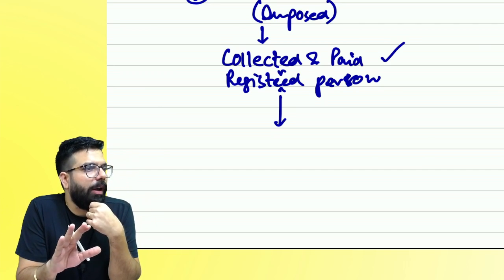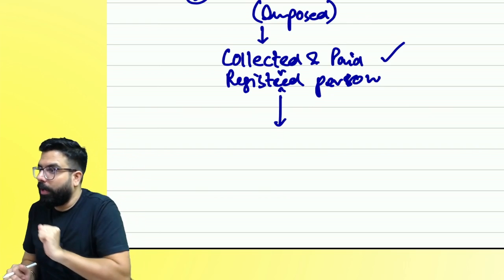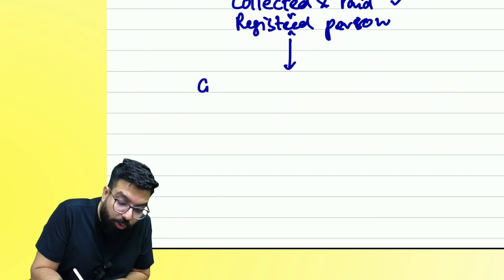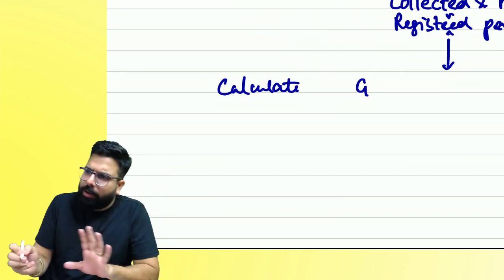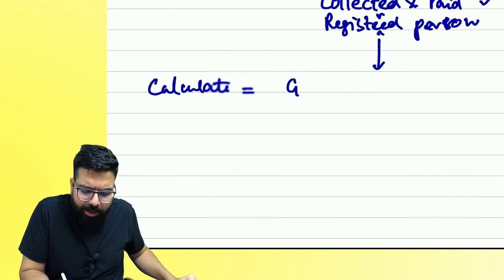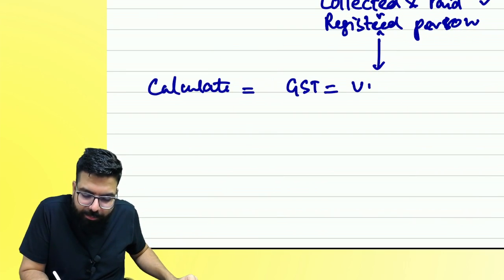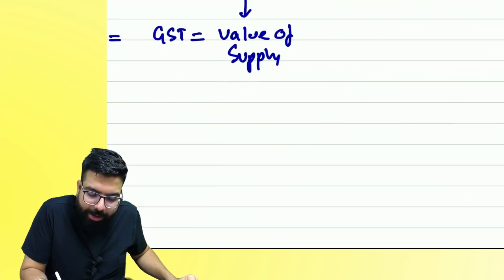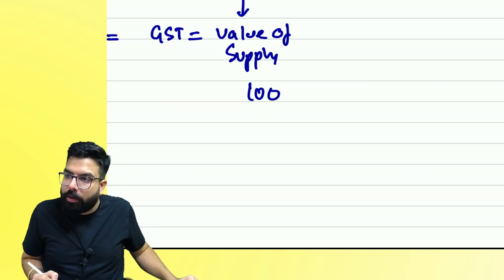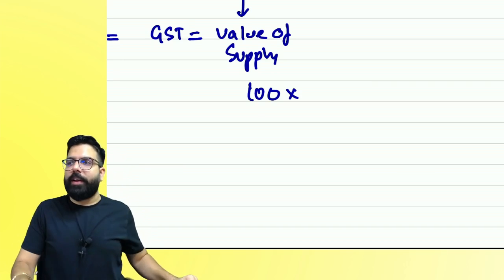Government will tell how much to collect. He's the partner. Partner will tell how much to collect. So partner says you will have to now calculate GST. How will you calculate? GST is equal to whatever is the value of your supply. I supplied the socks for 100 rupees. Rate of GST, government will tell.